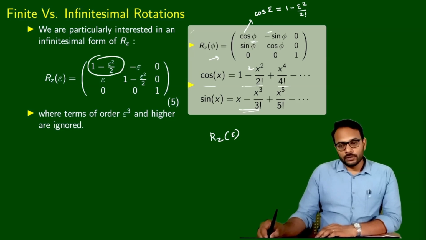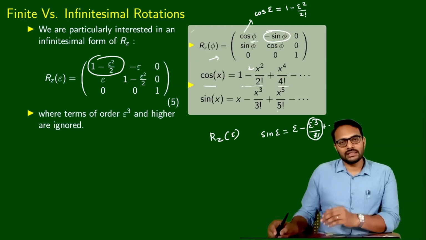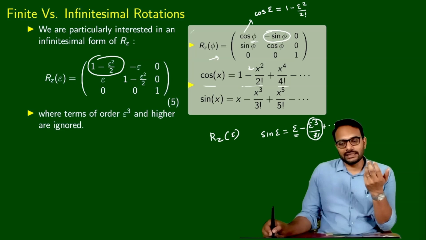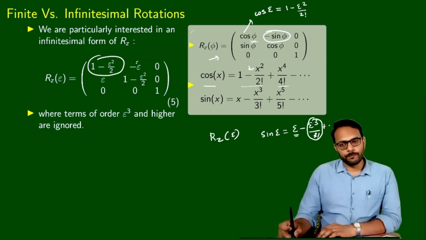Okay, and look at this term minus sine phi. If you put epsilon instead of phi here, sine epsilon would become epsilon minus epsilon cube divided by 3 factorial plus etc. But this is already third order, and we said we would retain only up to the second order terms. So sine epsilon we have to write as epsilon itself, and minus sine epsilon is minus epsilon.